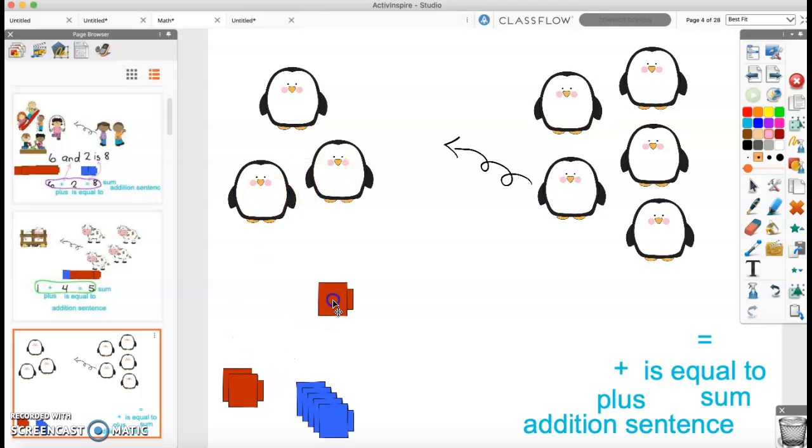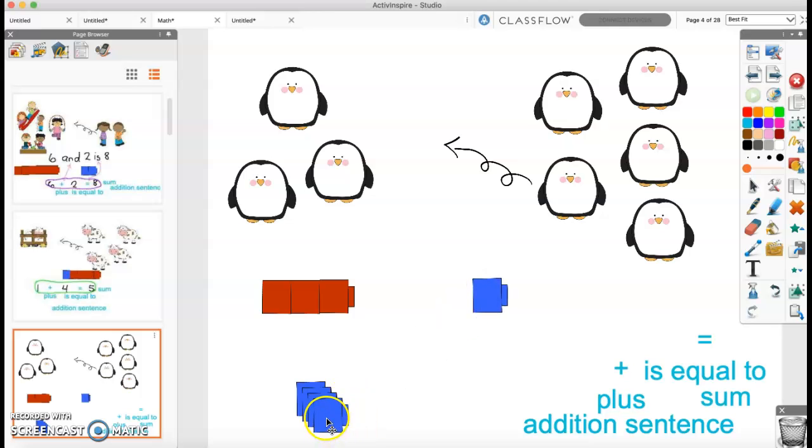So I'm going to put up my 3 cubes to model how many penguins I have. Then I look at the penguins that want to join them. I see 1, 2, 3, 4, 5. I have 5 penguins that want to join them. So I'm going to put up my 5 more for the second set of penguins.